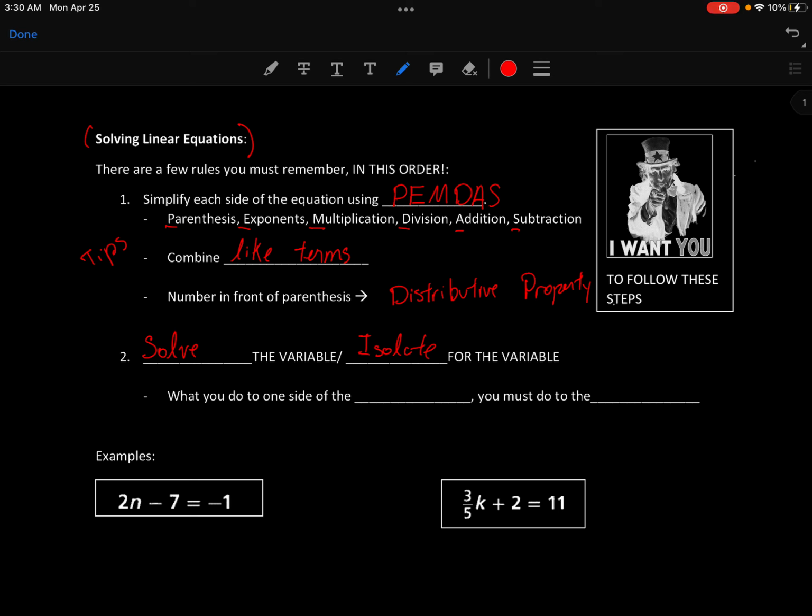You need to do something like down here, get n by itself. Variable by itself. So what you do to one side of the equation, equal sign, you must do to the other.